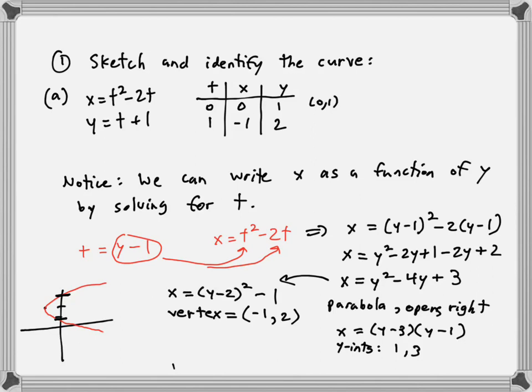So we're moving in this direction, from 0, 1 to negative 1, 2. If I put the dots here, this is 0, 1, and this is negative 1, 2.